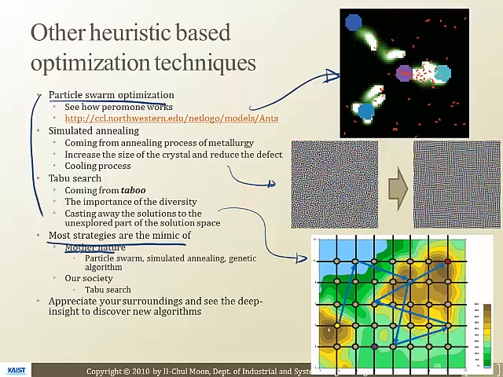To have better heuristics and to find new heuristic algorithms, you have to appreciate your surroundings and see the deeper insight to discover new algorithms. Even though we are dealing with optimization, actually they come from our society and our nature. If you understand it, they might give you some insights into the problem at hand.